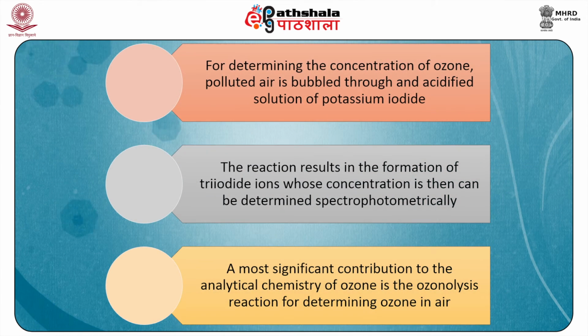For determining the concentration of ozone, polluted air is bubbled through an acidified solution of potassium iodide. The reaction results in the formation of triiodide ions whose concentration can be determined spectrophotometrically.